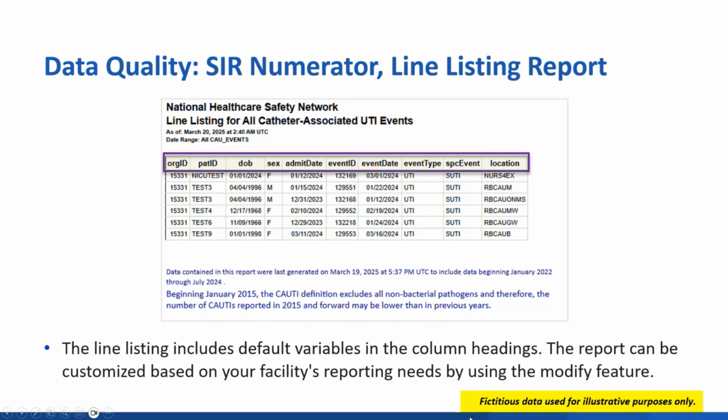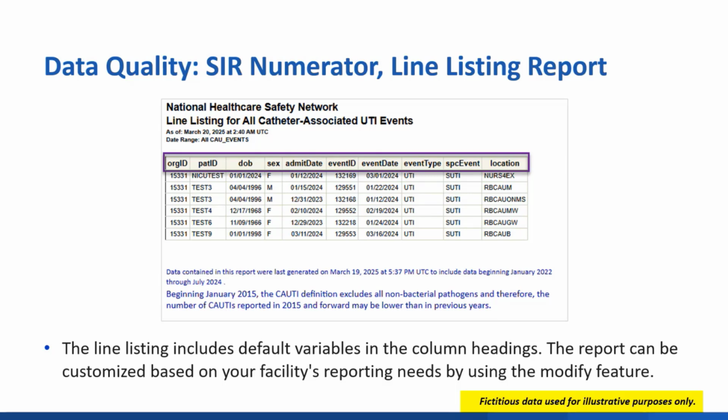All right, so the CAUTI event line listing includes a set of default variables as column headings. These typically cover fields like patient ID, event date, location, and the device association, which gives you a comprehensive view of each recorded CAUTI event.